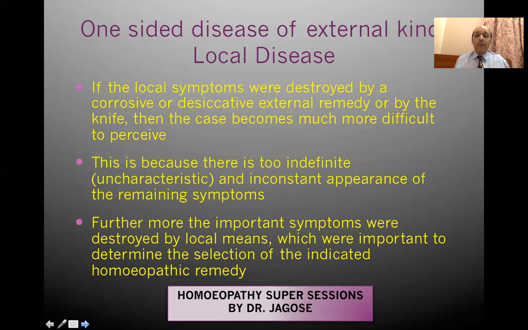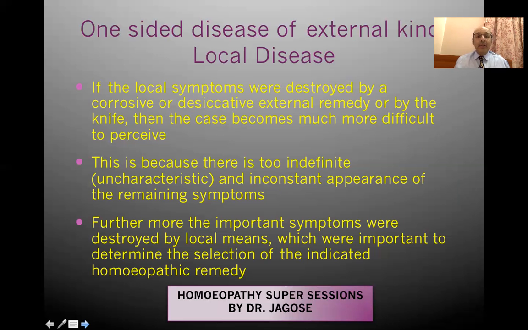If the local symptom is destroyed by a corrosive or a desiccative external remedy or by the knife, then the case becomes much more difficult to perceive. So further, Dr. Hahnemann says that if the patient has taken some sort of treatment and then has come to you, especially during those times for local diseases, they used to apply corrosive supplements or desiccative external remedies, or with the help of the knife, they used to remove the external lesion.